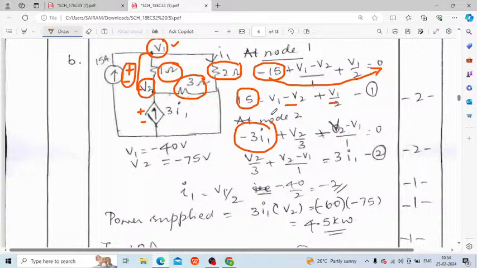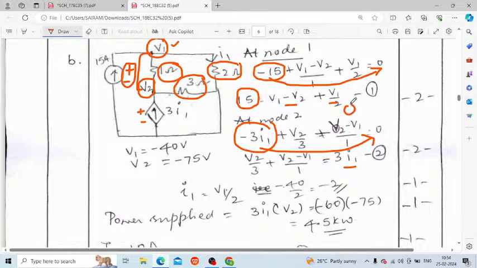For this line it's V2 by 3, and this is (V2 minus V1) by 1, which is equal to 0. So now I need to shift the -3I1 to the right hand side. I get plus 3I1. And this is V2 by 3 plus (V2 minus V1) by 1, which is equal to 3I1. And now what I'm supposed to do is substitute in the calculator, right?